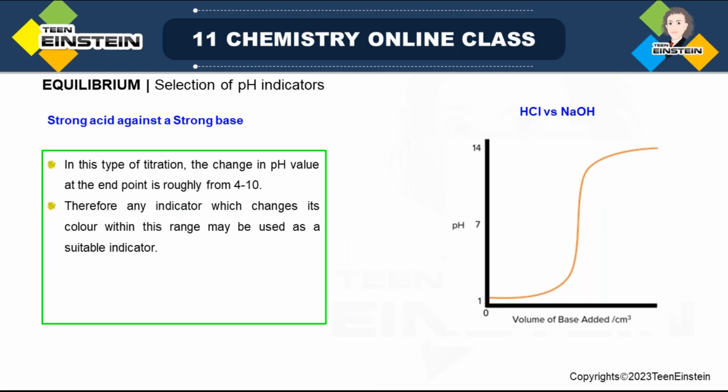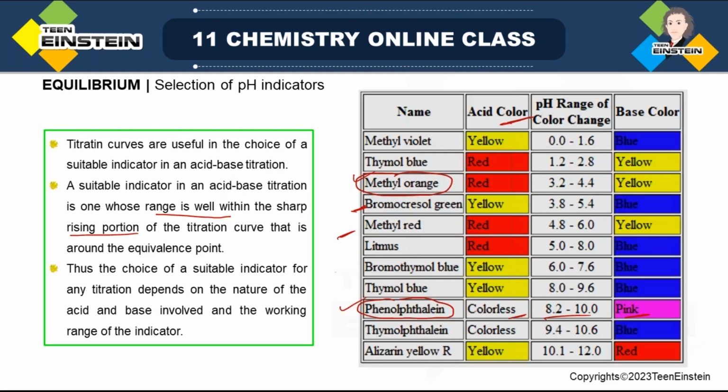If you take this, you will see this is the range where the end point is present, where the pH is drastically increased. Now in this range, you can take 3 to 4 examples of indicators that I have mentioned. You can understand here.